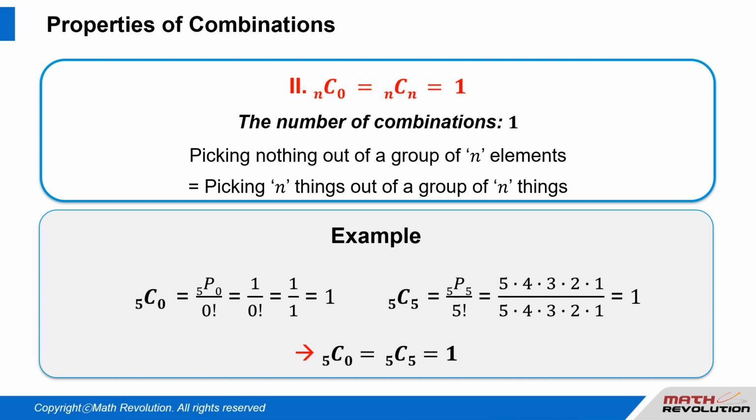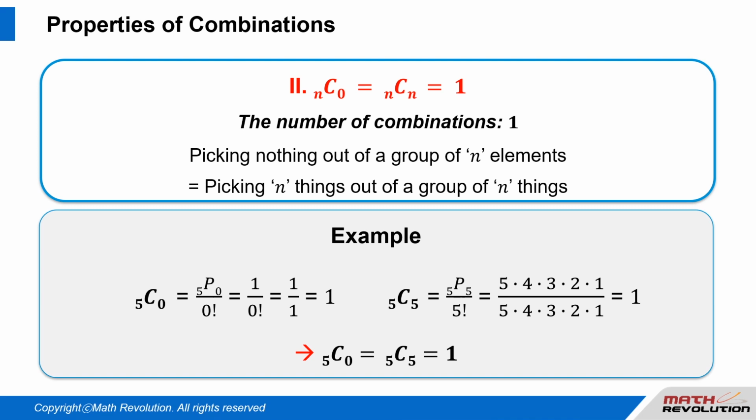Now we can write 5 choose 0 as 5p0 over 0 factorial, which is equal to 1 over 0 factorial, which is equal to 1 over 1, which is equal to 1.